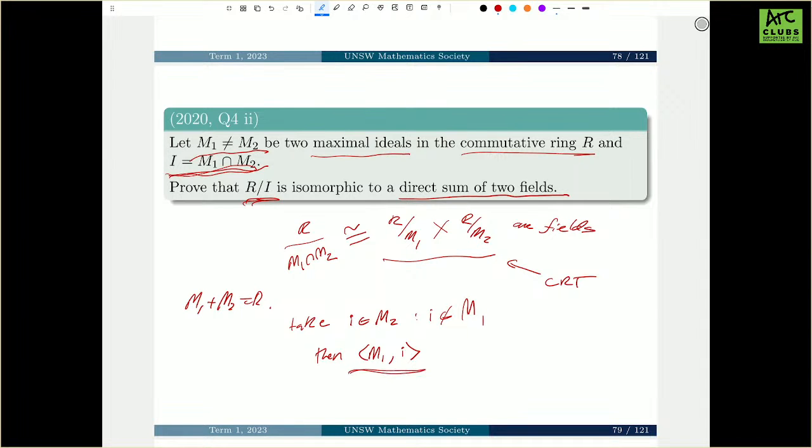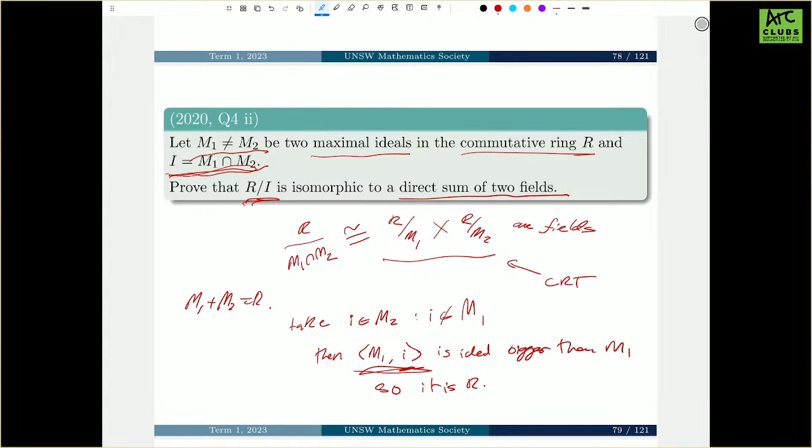This is also an ideal, because M1 is a subset and we can add i to that subset. But we know that M1 is maximal, and this is definitely an ideal bigger than M1 because M1 doesn't contain i, so it is R.